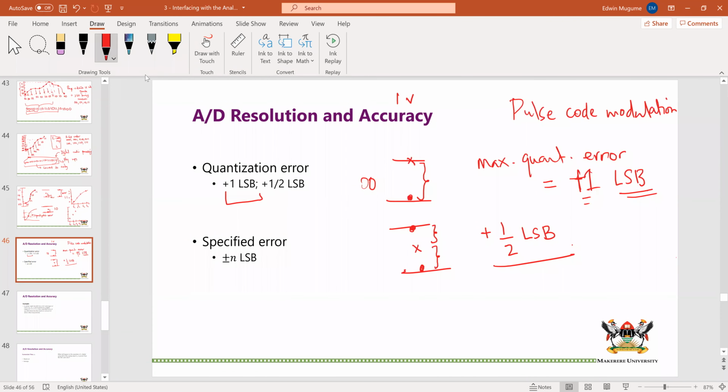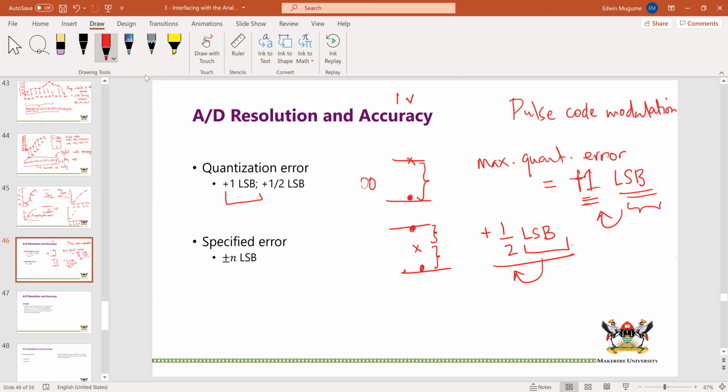So if I give you a question and I tell you, assume that the quantization error is plus half lowest significant bit, all you need is to find the weight of that and then multiply by half, or if it is +1, you find the weight of this one and multiply by 1.